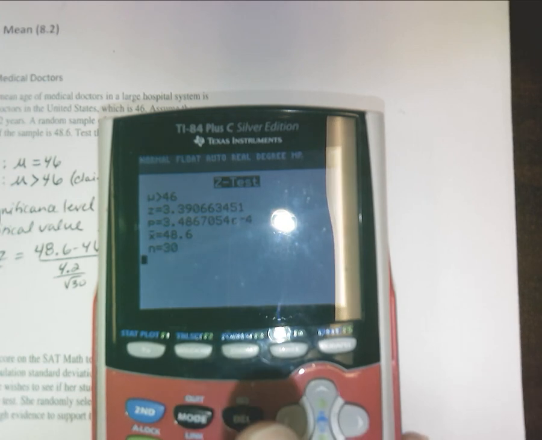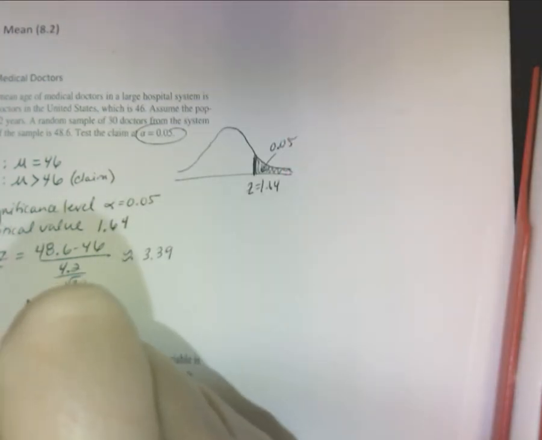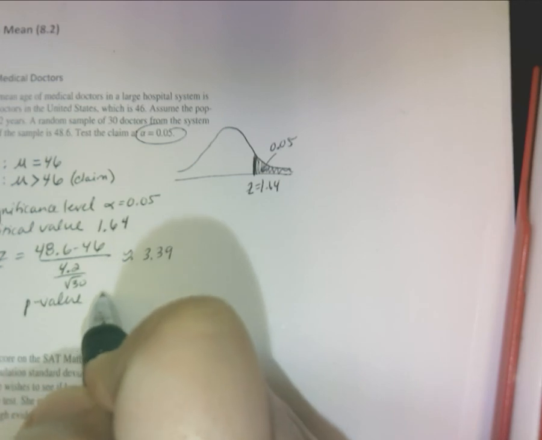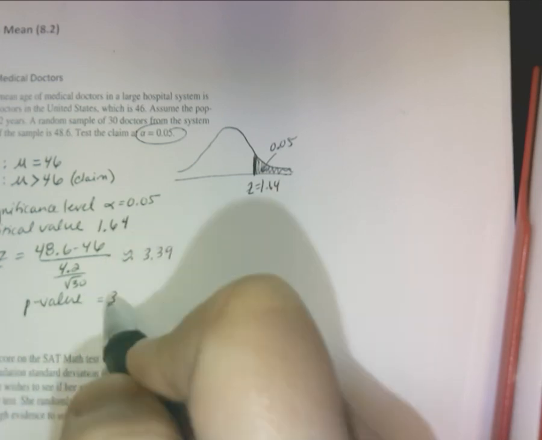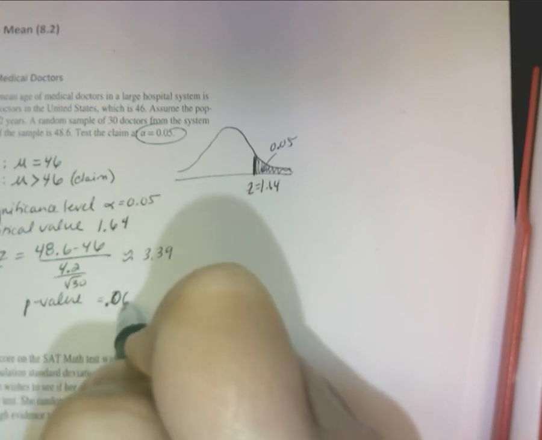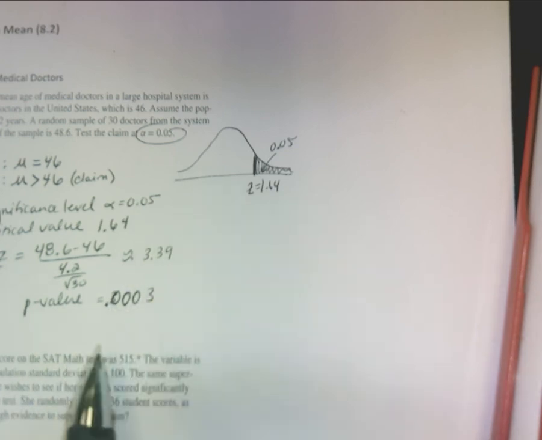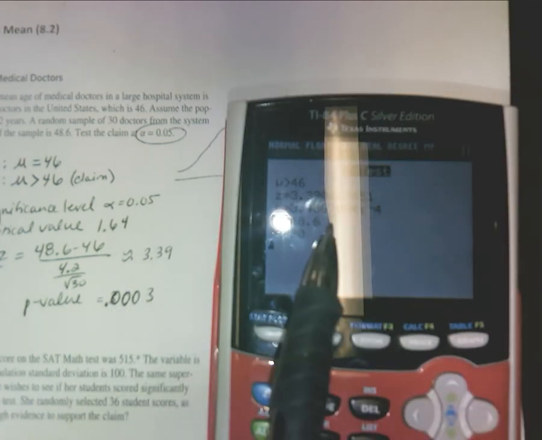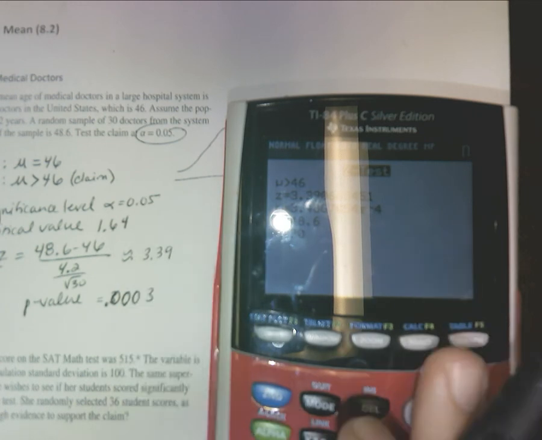What does that mean? That means your P value is 3. We moved over 4 spots. 1, 2, 3, and then 3. Your P value is a negative 4. You have to move that over 4 spots, 1, 2, 3, 4, and you would have 3 zeros in front.